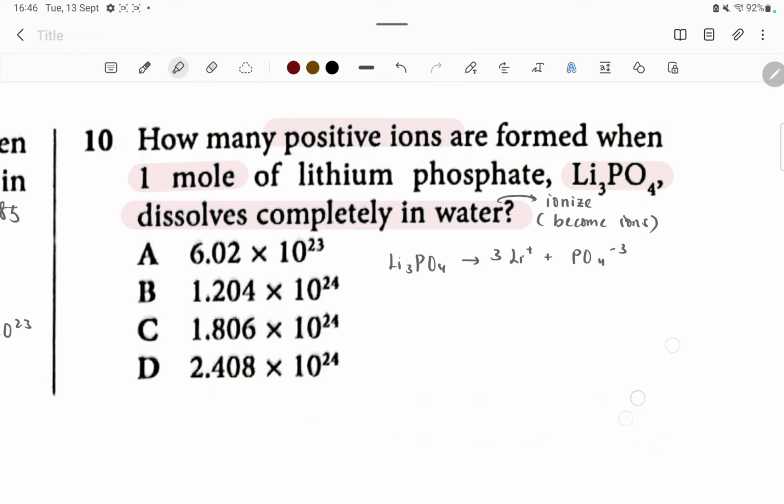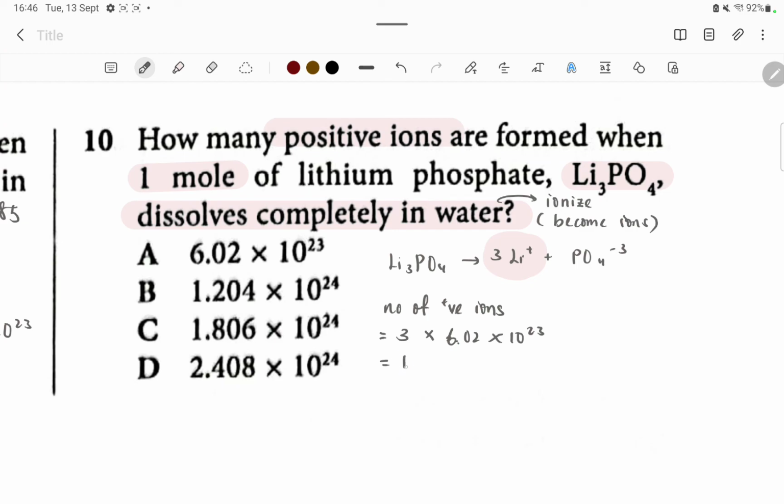So for positive ions, it means only the Li plus here. So for this one we use 3 moles here, and then multiply with 6.02 times 10 to the power of 23, and then press calculator.